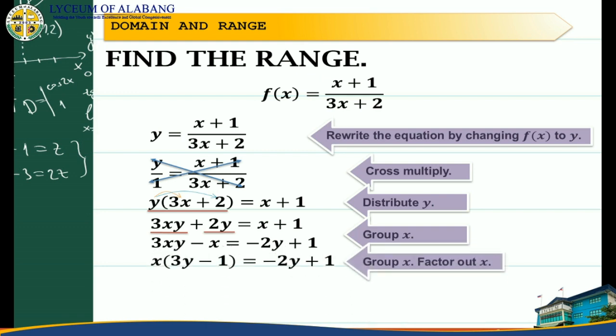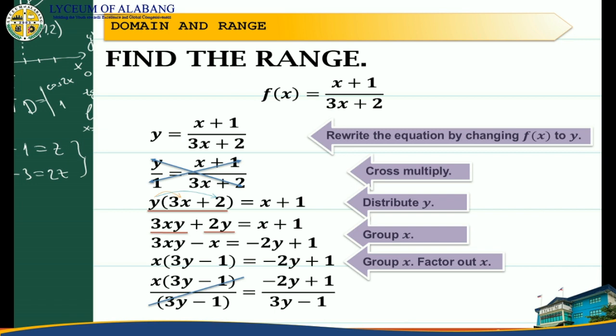We have x times (3y minus 1) is equal to negative 2y plus 1. Then, divide both sides by 3y minus 1. Cancel out the common term, which is 3y minus 1. So, x is equal to (negative 2y plus 1) over (3y minus 1).